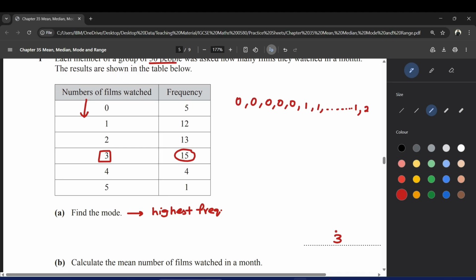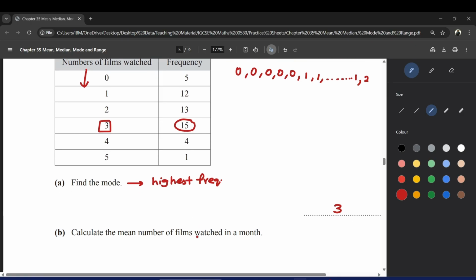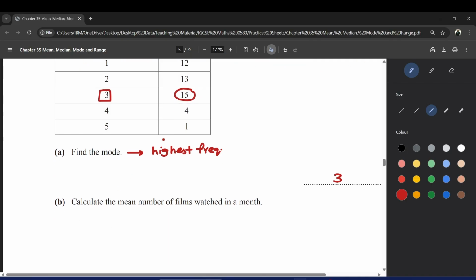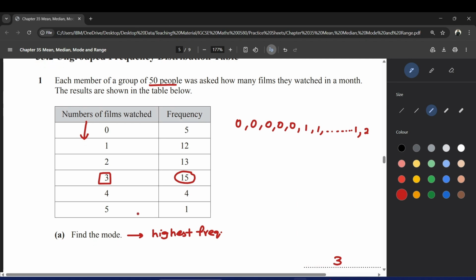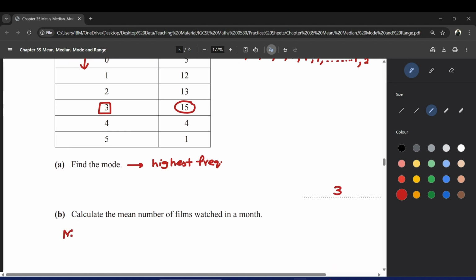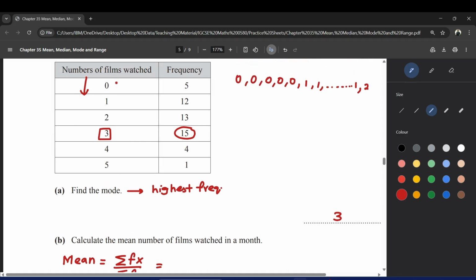All right. Now, the next one is calculate the mean number of films watched in a month. Because this is an ungrouped frequency table, the formula is slightly different than what we did last time. The formula is sigma fx divided by sigma f. Here we take the first value of our data set and we multiply this by the frequency.